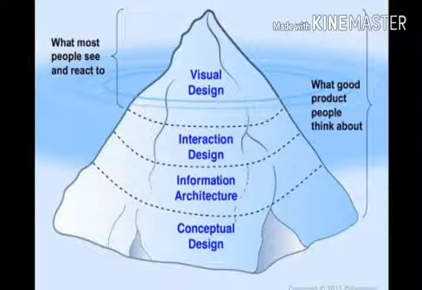Then comes information architecture, which is a design to define the functionality of the minimum viable product. Interaction design determines how the product and customer interact with each other. And the final tip of the iceberg, which is visual design, conveys brand personality, creates user delight, and differentiates the product from competitors.